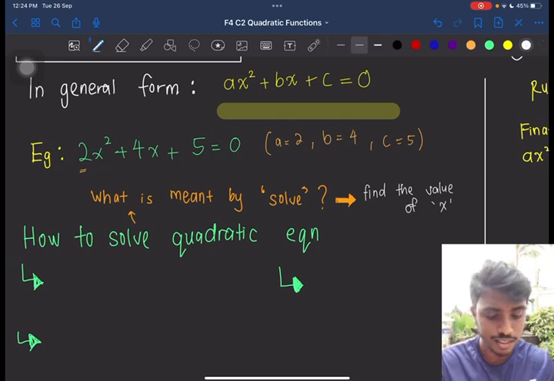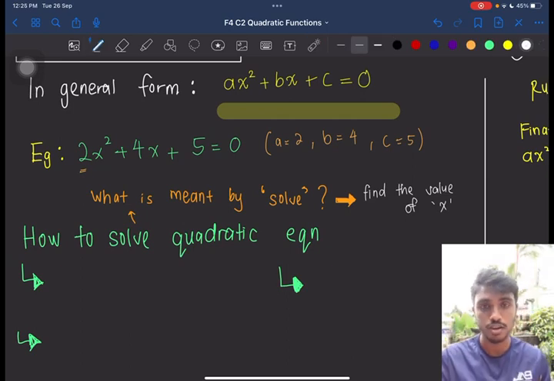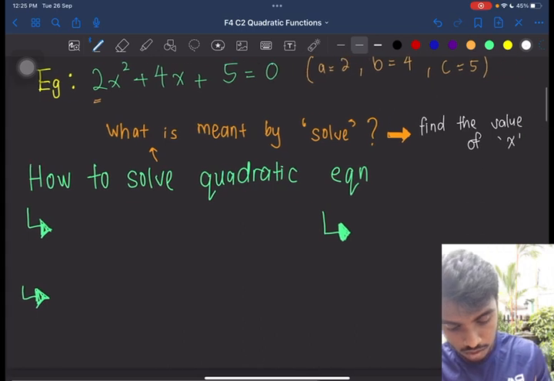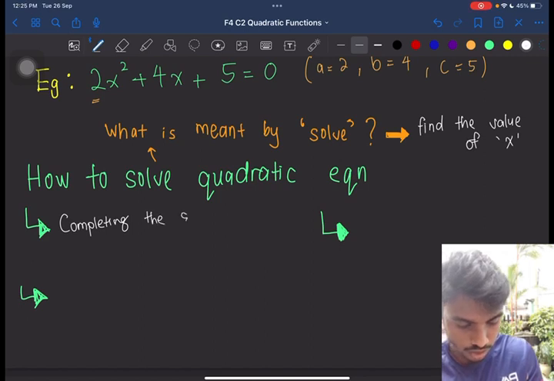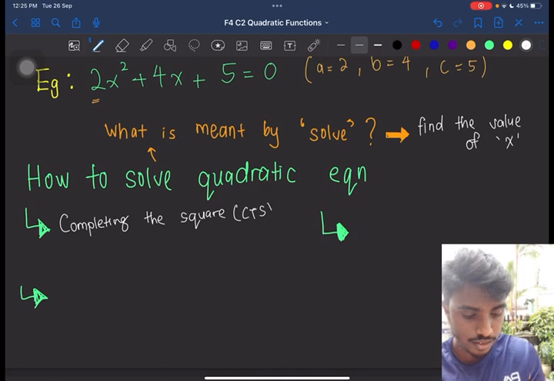And we have 3 ways to solve this quadratic equation. First of all, completing the square, or in general it's CTS.